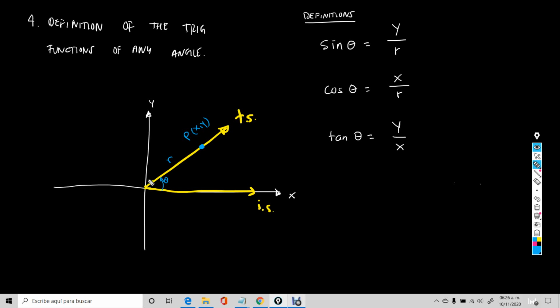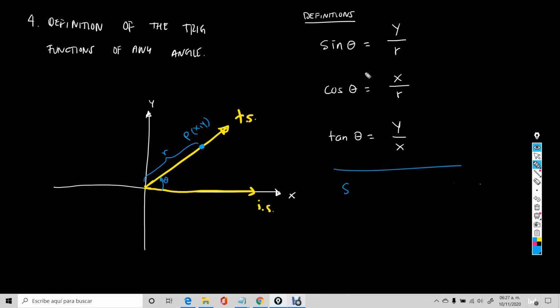Let me draw it better. All of this is r. Okay, perfect. That's all I need. The sine of theta will be y, the coordinate y of this point, over r. The cosine of theta is this, and the tangent of theta is this.